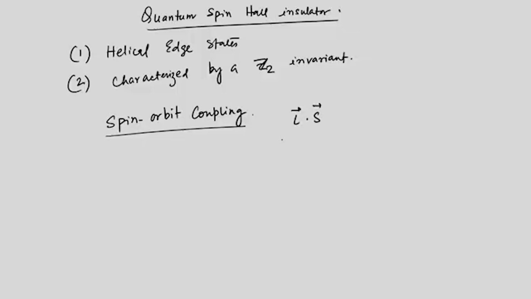Okay. So, the spin orbit coupling, as I said, is an important ingredient in this problem. A special kind of spin orbit coupling is what we shall be talking about.